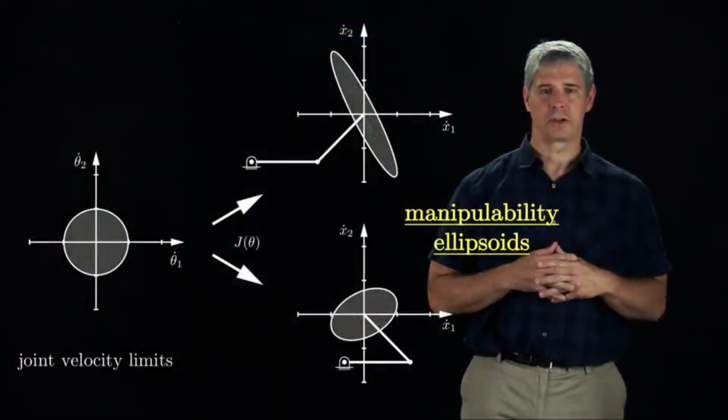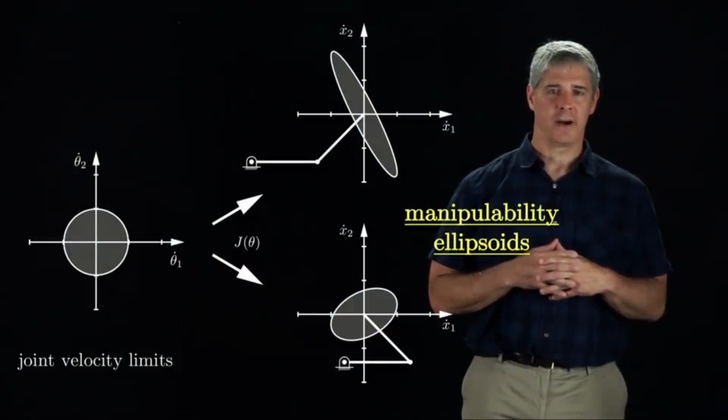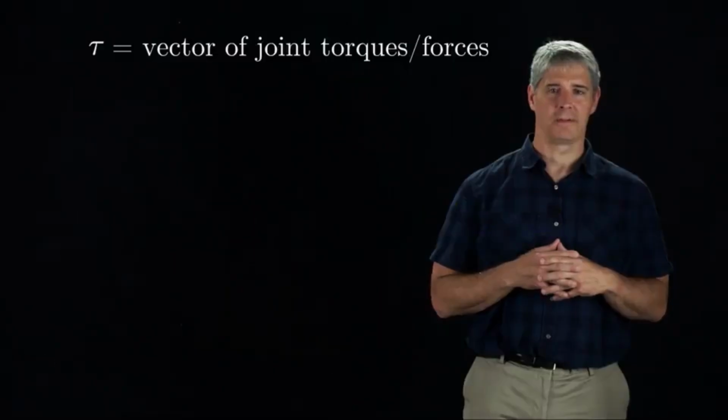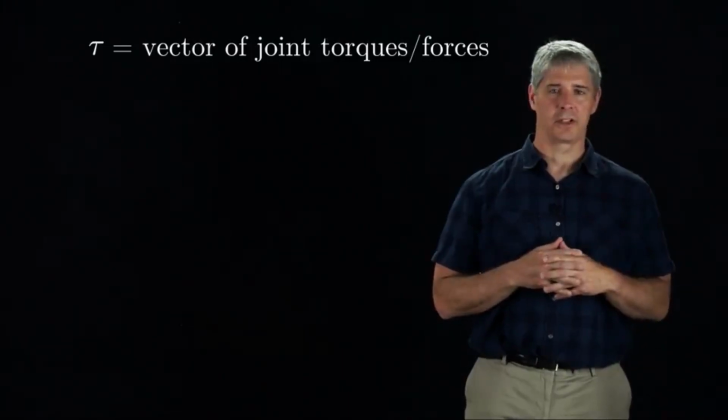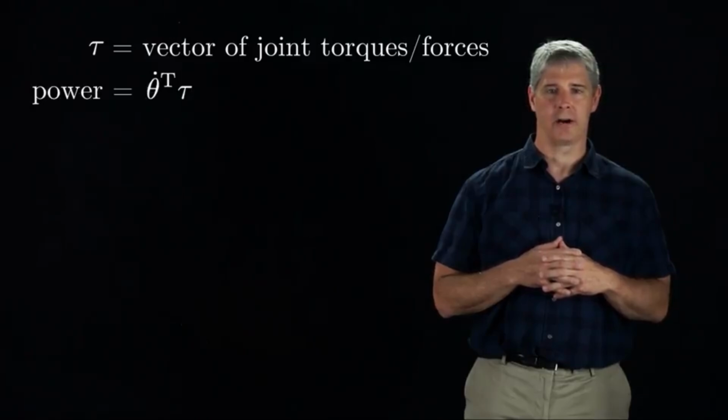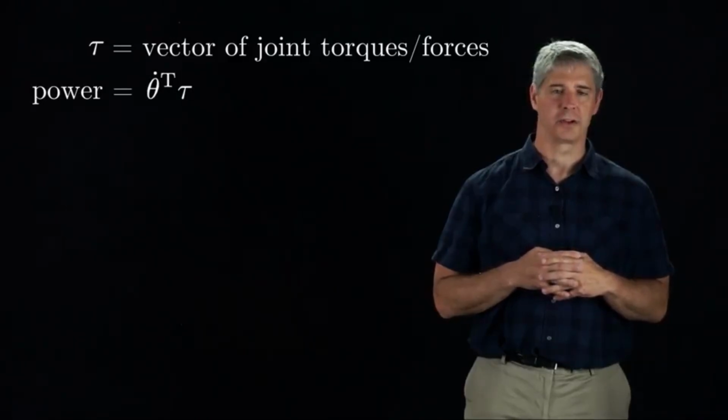The Jacobian also relates forces at the end effector to forces and torques at the joints. To find this relationship, let tau be the vector of joint torques and forces generated by motors at revolute and prismatic joints, respectively. From physics, we know that velocity times force is power, and the equivalent for a robot arm is theta dot transpose times tau is equal to the power produced or consumed by the robot's motors.